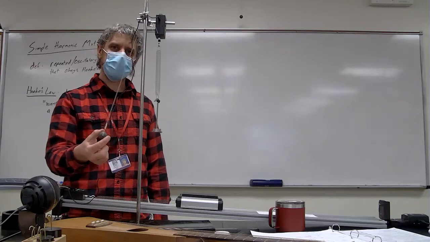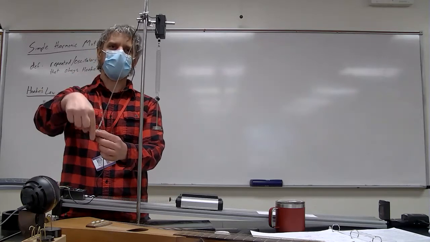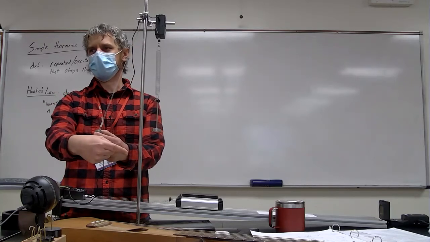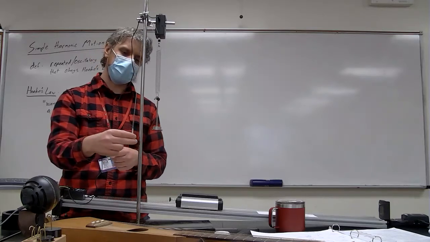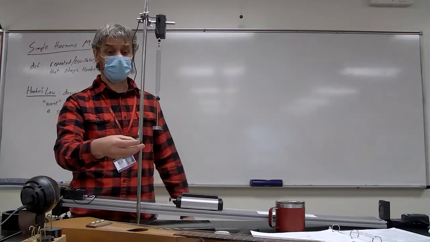If I displace it, then I have a tension force that's not going to do any work, but I have a weight force that has a component that wants to get the ball back to its equilibrium position. So I let it go. That force drives it back towards equilibrium. But as soon as it goes past that, the force redirects to try to get it back to the equilibrium position from this side. And so it just swings back and forth. We have the same energy interplay, kind of.